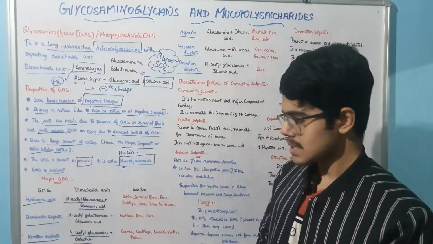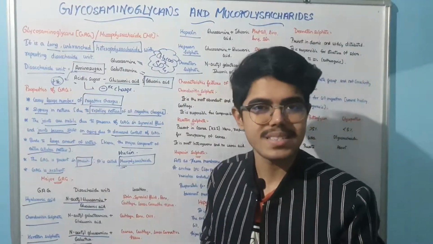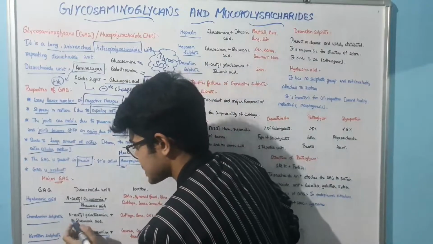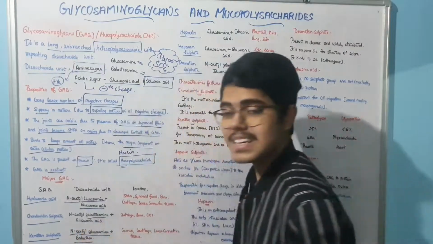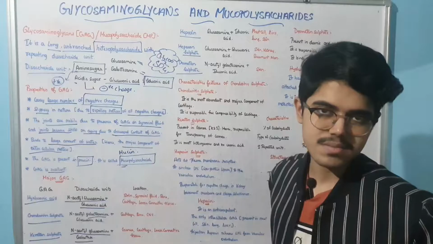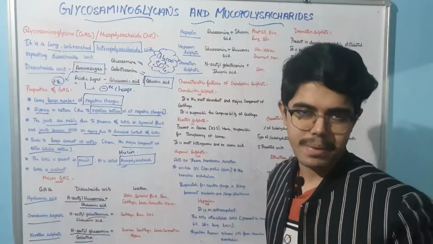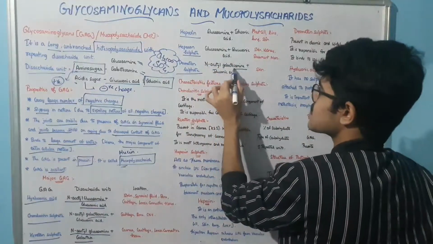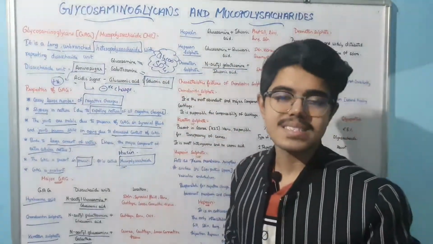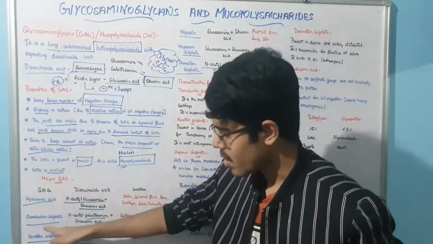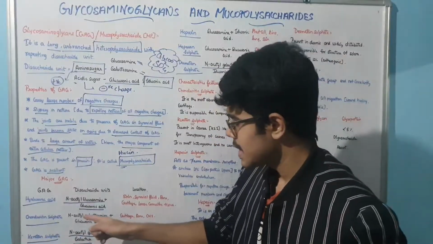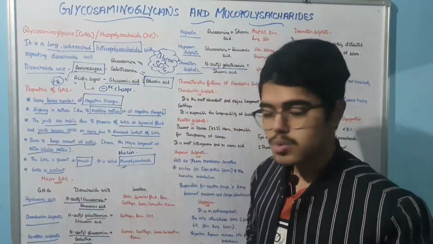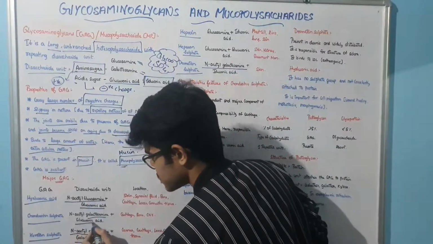Next we will learn the next disaccharide unit, that is N-acetyl galactosamine, which is present in chondroitin sulfate and also in dermatan sulfate. In chondroitin sulfate we have N-acetyl galactosamine, and it also contains glucuronic acid.